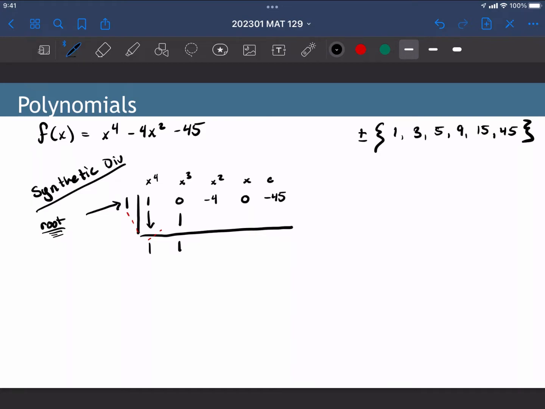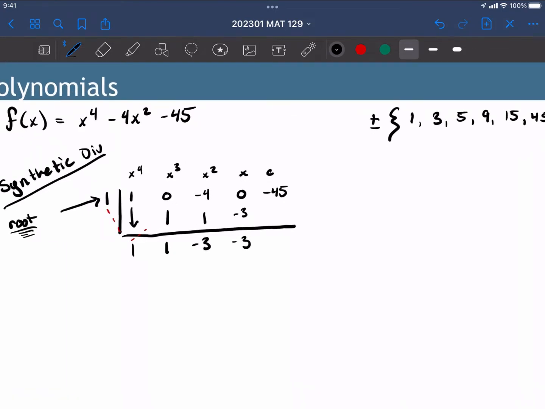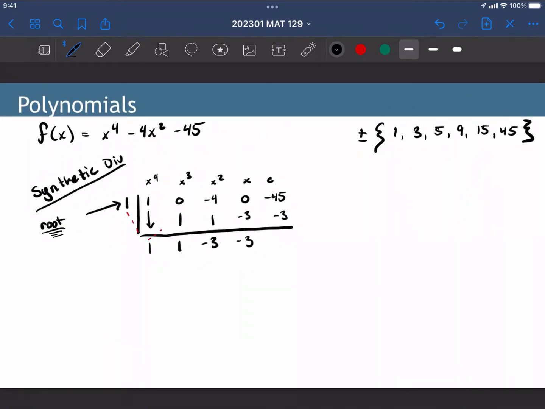Multiply again, 1 times 1 is 1, add, negative 3. 1 times negative 3 is negative 3, so when I add, that's negative 3. 1 times negative 3 is negative 3, and when I add, I get negative 48. If this was a root, that would be a 0, but it's not. So I know that that's not a root.